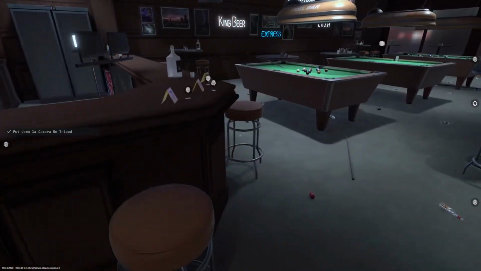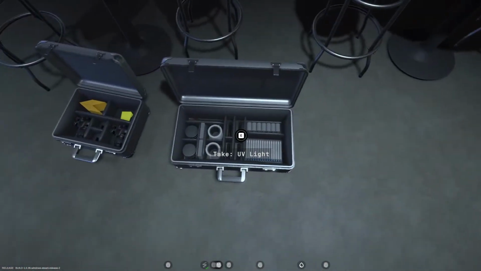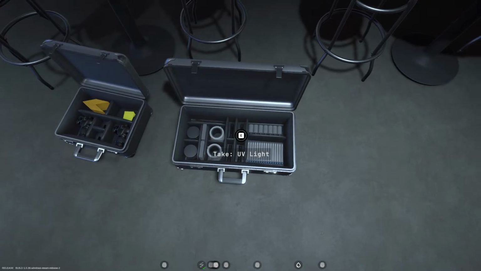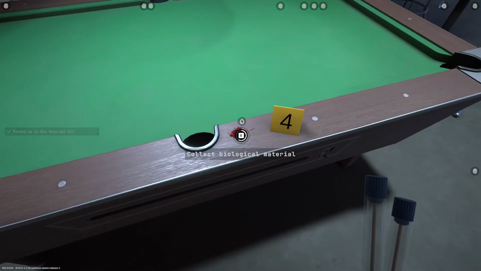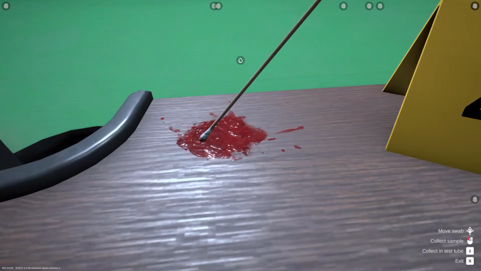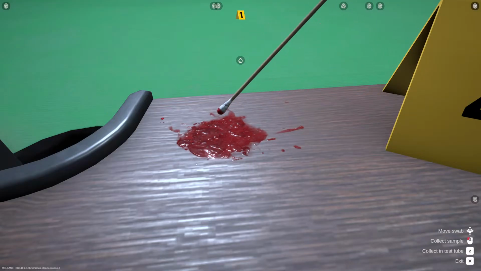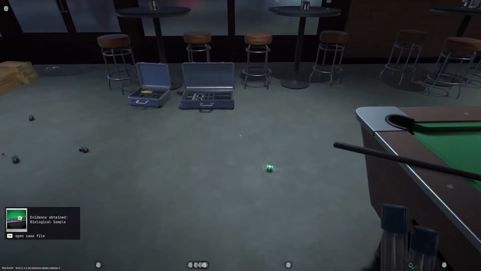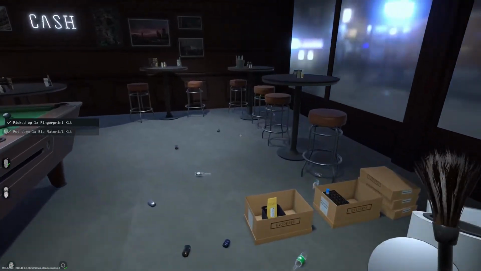Alright, let's go back and we need to get a bunch of fingerprints. Actually, let's get this blood, since it's the only one. Grab some blood, then we'll do the fingerprints. Okay. Now, fingerprints.